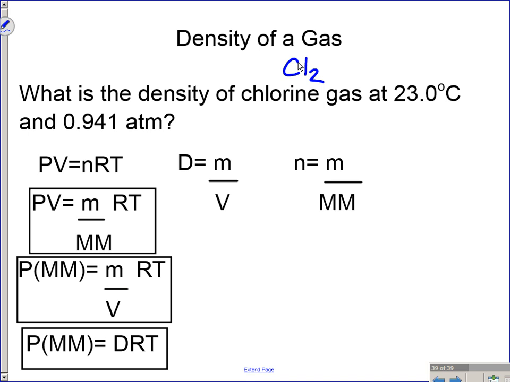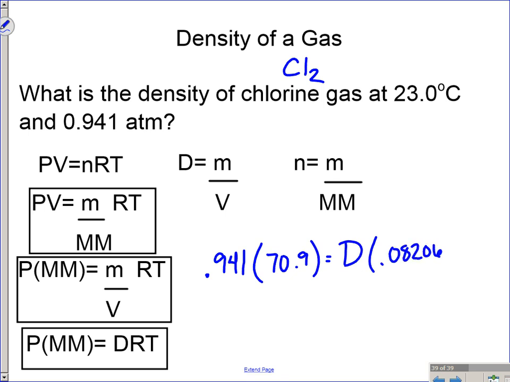So it tells us our pressure is 0.941 atmospheres. Our molar mass for chlorine, remember chlorine is 35.45. If you double that, it is 70.9. Equals, we don't know density. Our R value, since we're in atmospheres, is 0.08206.